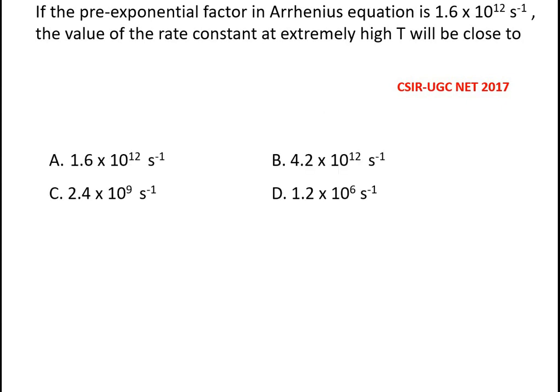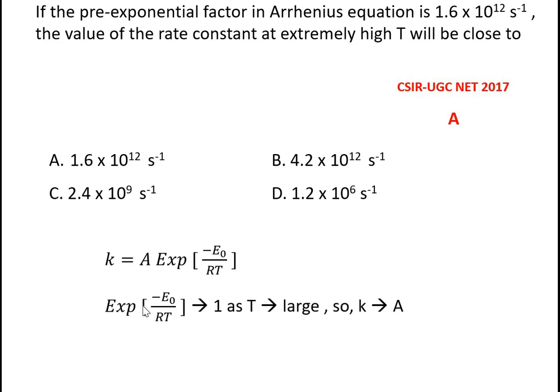If the pre-exponential factor in the Arrhenius equation is this, the value of the rate constant at extremely high T will be close to what? This is rather a simple question, because if you just look at the expression, in the exponential part T is in the denominator. So if T goes to infinity or very large, then this part would be 0, so e to the power of this part would be 1.